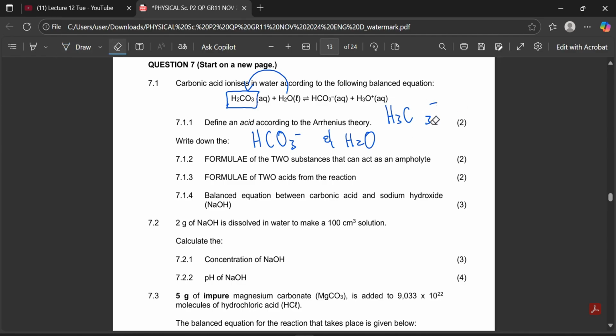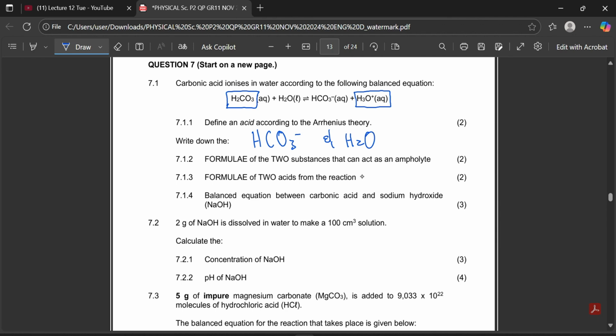I've never seen an ion like that. So we know that water cannot be an acid in this case. Then which one would be our second acid? We identify H2CO3 as our first acid, and this guy could donate a proton.